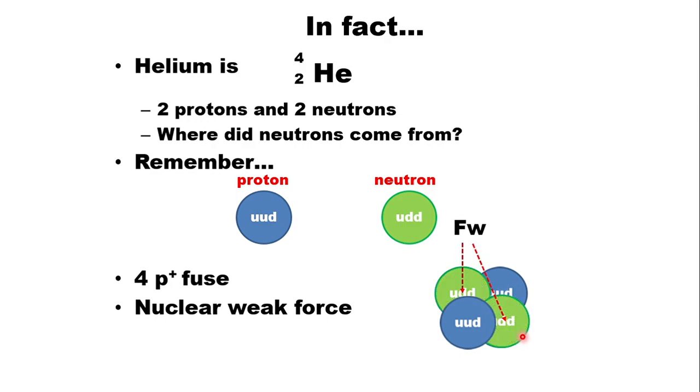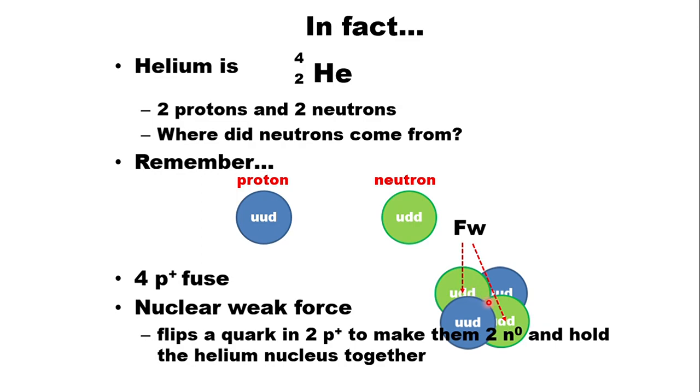But by turning 2 of those protons into neutrons, neutrons, remember, also exert strong force, so they will help to hold the nucleus together, but they don't experience electromagnetic force because they're neutral. They have no electric charge. And so there's no repulsion here.